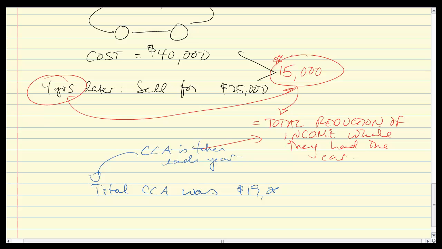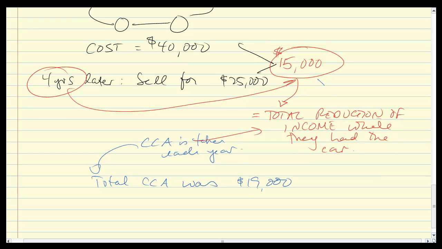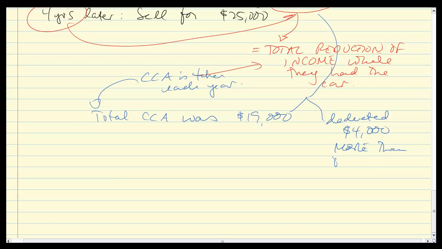I have no idea what it would actually be, but let's just say it was $19,000. So what that means is they have deducted $4,000 more than they should.